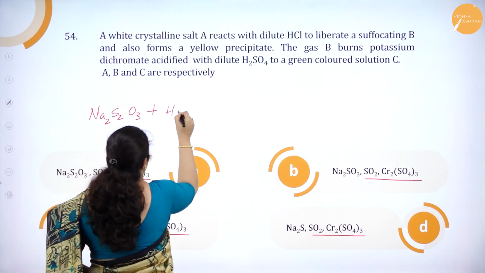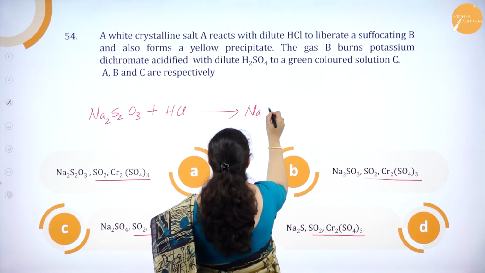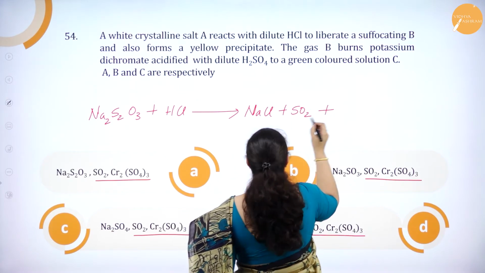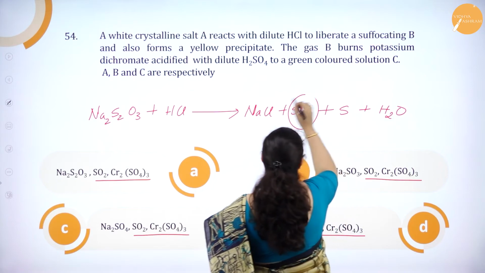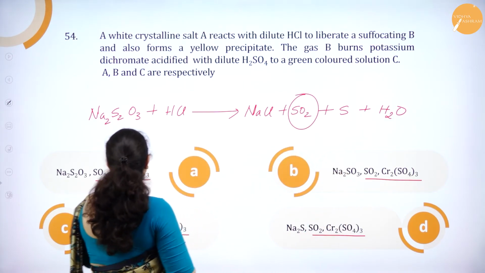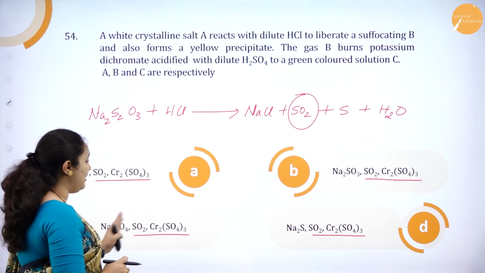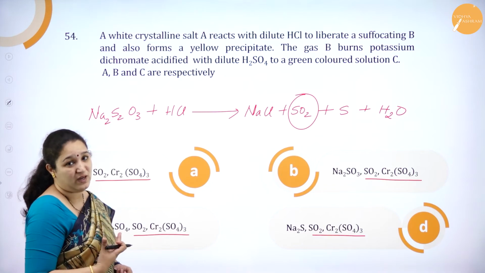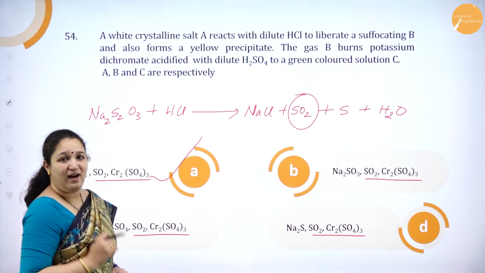When it is treated with HCl, it will form NaCl, sulfur dioxide, and it will form sulfur as well as water. So you are going to get sulfur dioxide gas when you are treating Na2S2O3 with HCl. Whereas if you take the others and treat, you will not get sulfur dioxide gas, which is suffocating. Okay. So option A is the right answer.